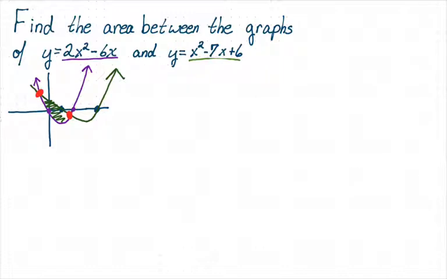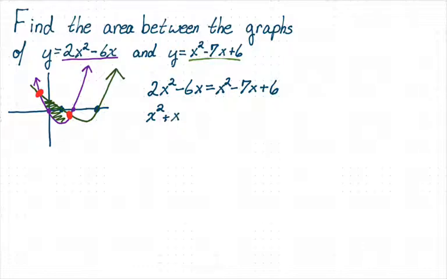I don't know. But to find out where they intersect, we're going to set them equal to each other. So 2x squared minus 6x is equal to x squared minus 7x plus 6. And then x squared minus 6x plus 7x, so plus x minus 6 equals 0.